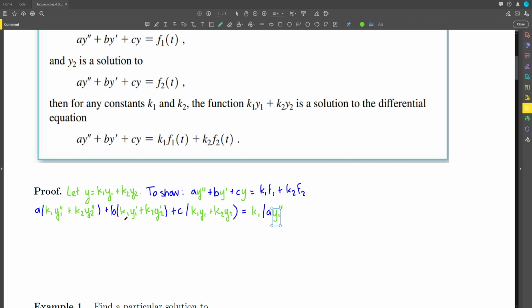And then the other thing I have with k1 is b times y1 prime. So I also have plus b times y1 prime. And then finally, I have the c times k1 y1. So the k1 is factored out, so I have c times y1.